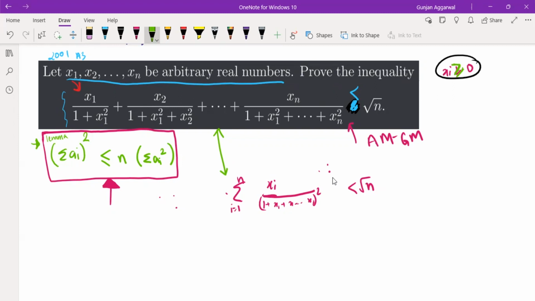Oh, I might be missing a factor of n. I just realized, there should be a root n. Also, wouldn't the inequality be flipped? Because it's in the denominator.